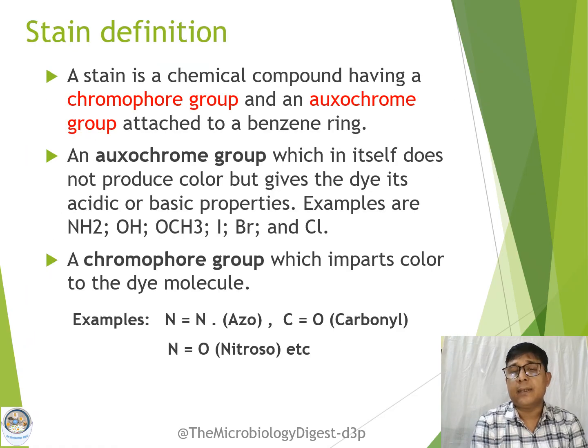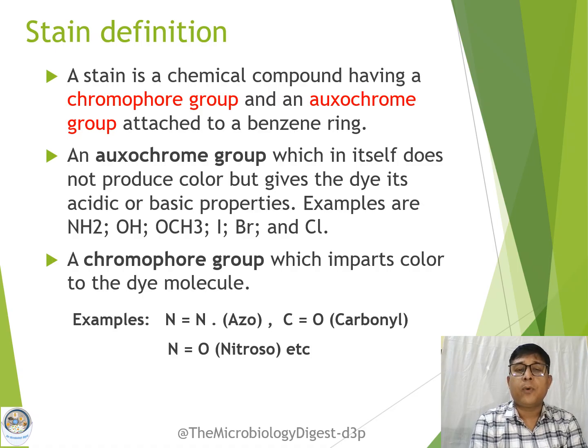Now, what is a stain? A stain is a chemical compound having one chromophore group and one auxochrome group. Both these groups are attached to a benzene ring.